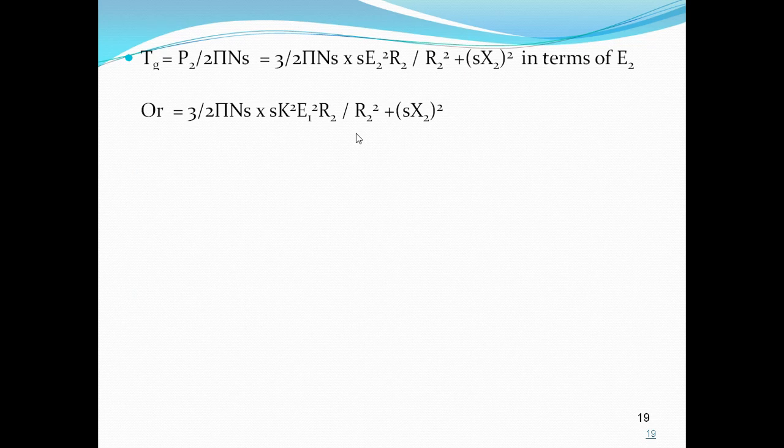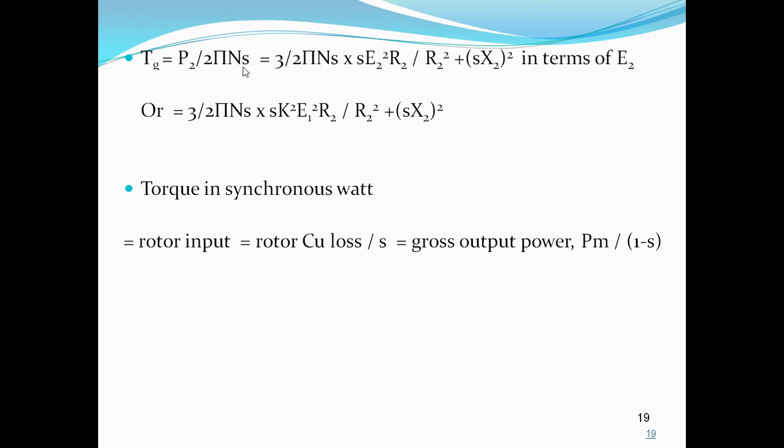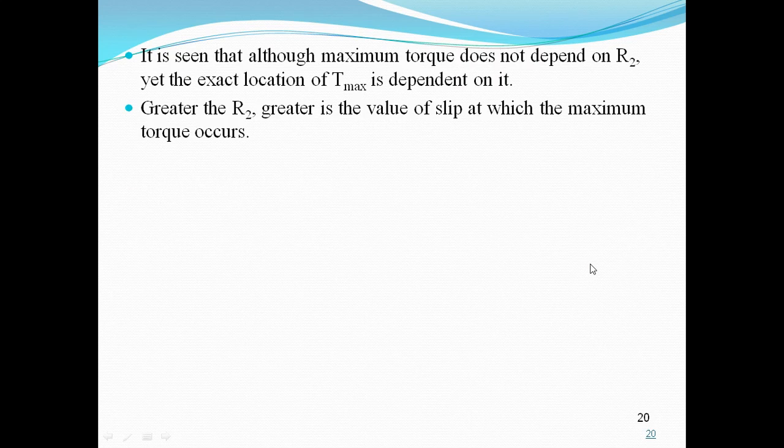So gross torque Tg is equal to P2 by 2 pi ns. So torque in synchronous watts is equal to rotor input, or rotor copper losses by s, or gross rotor power output Pm by 1 minus s.